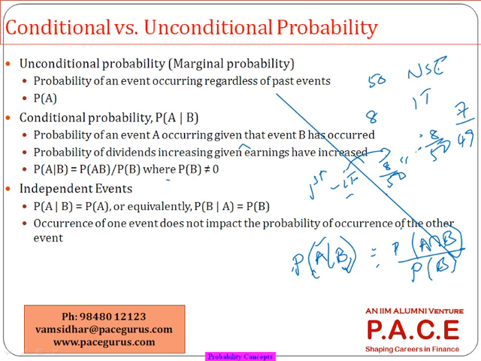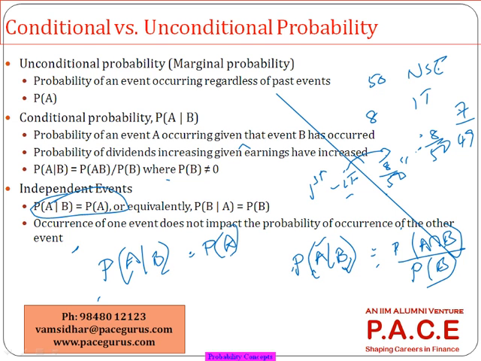And if there is no dependency between the two events, especially when P of A given B works out to P of A only, which means there is no dependency between B and A. Whether B has occurred or not, whatever probability is associated with B, I am finding out only the probability of A. Then we call those two events independent events.